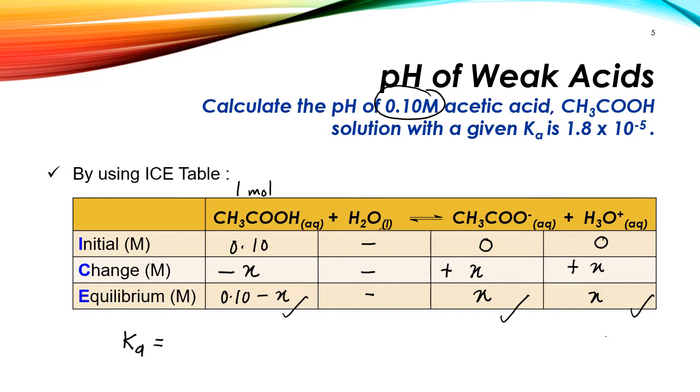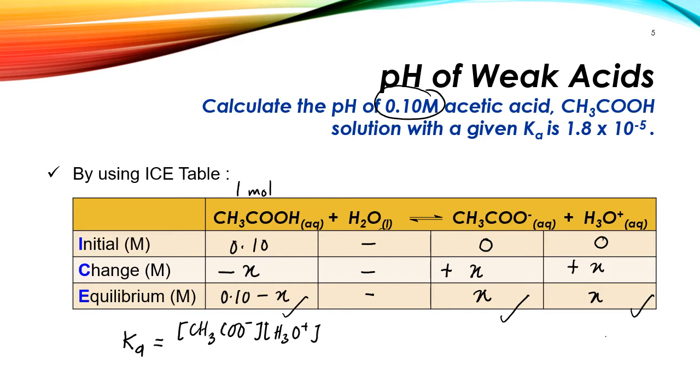That is, the concentration of the product divided by the concentration of the reactant. The product concentration here is the concentration of CH3COO- ions and H3O+ ions.